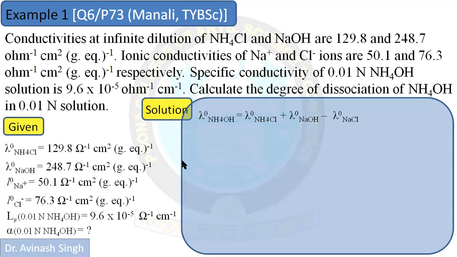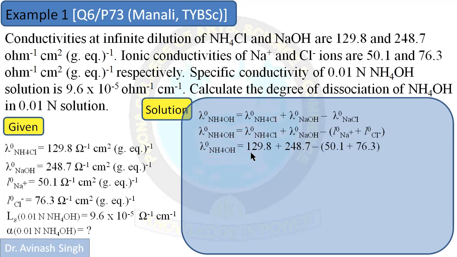Using Kohlrausch's law, we know that equivalent conductance of ammonium hydroxide at infinite dilution is given by ammonium chloride plus NaOH minus NaCl. Infinite dilution equivalent conductance of NaCl is nothing but the ionic conductivities of Na plus and Cl minus summed up at infinite dilution.